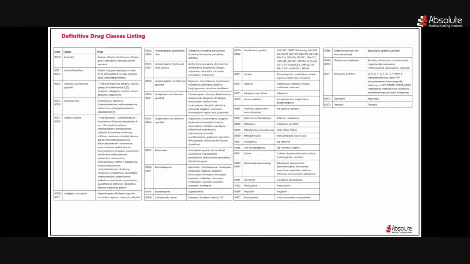You can join with me in the chat and let me know. To report a definitive testing for methamphetamine, using this definitive drug class listing table, which code or which range of codes will you use? Take your time, coders, and let me know in the chat.